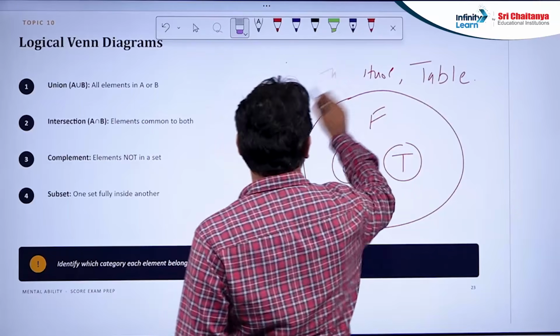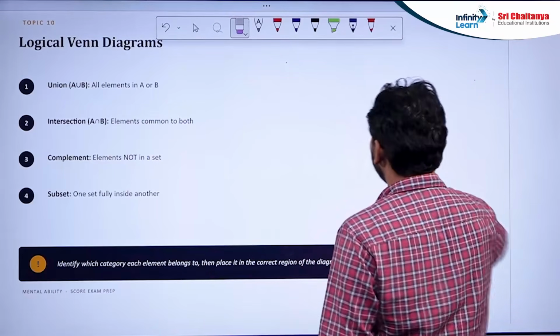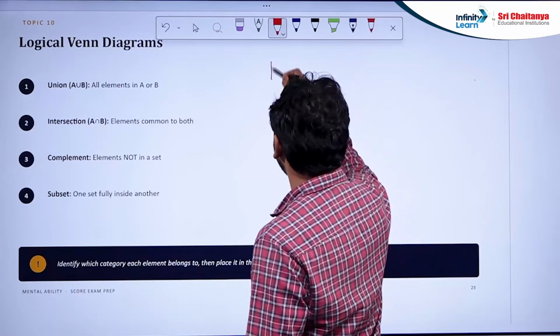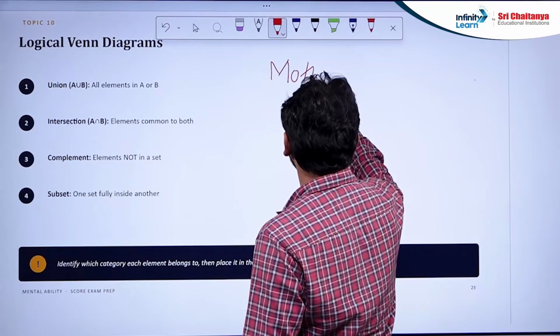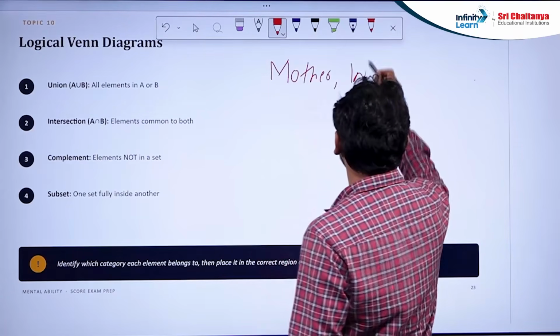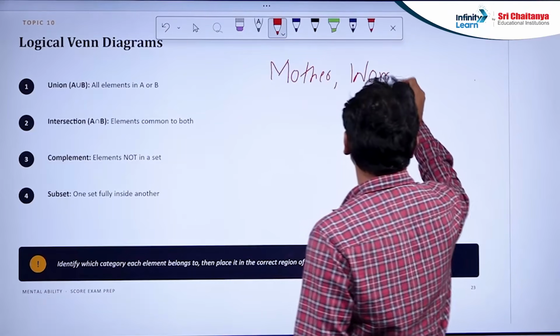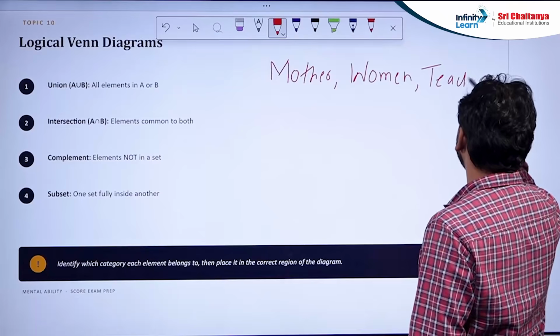Okay. So based on it, if I just give you a question, just try to solve it. I will not tell you the answer. I will tell you the answer of that question in your Venn diagram class only. Just try to create the Venn diagram of mothers, women, and teachers. Okay.